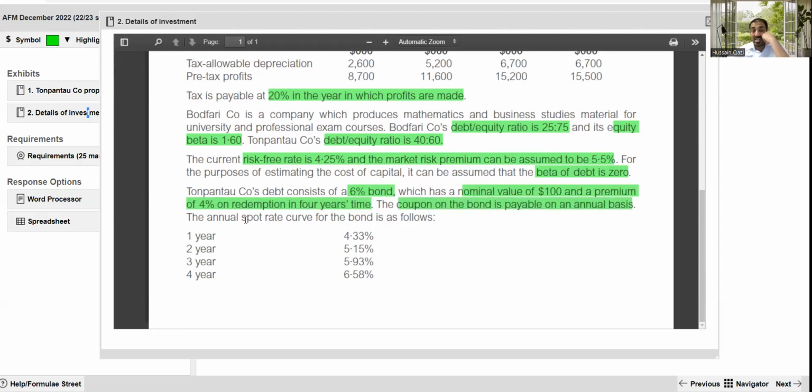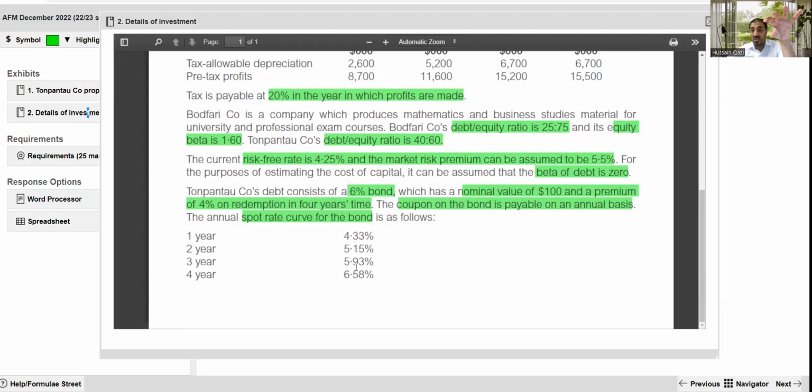The annual spot rate curve for the bond. This is something about the topic of bond valuation. So you can identify the KD matter with the yield curve as well. So year 1, 2, 3, 4.